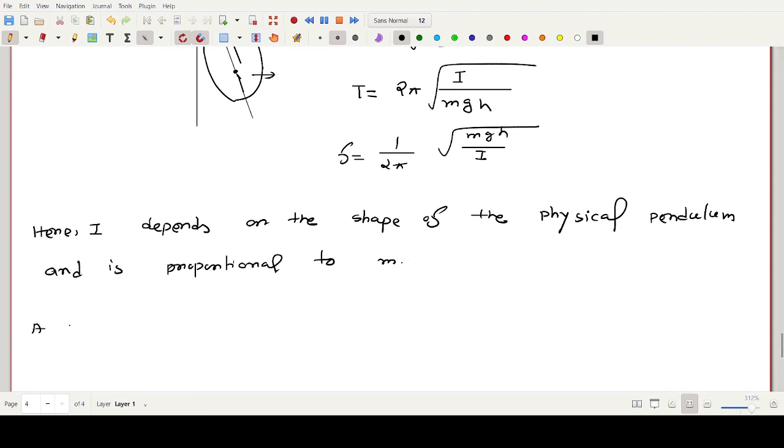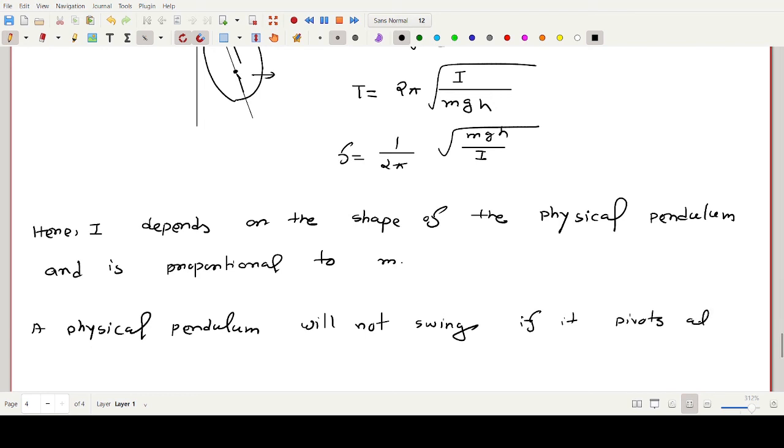And a physical pendulum will not swing when? Will not swing if it pivots at the center of mass.